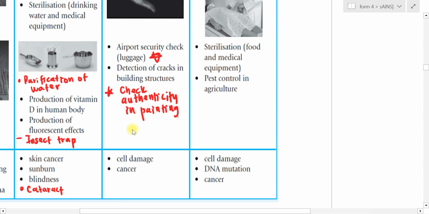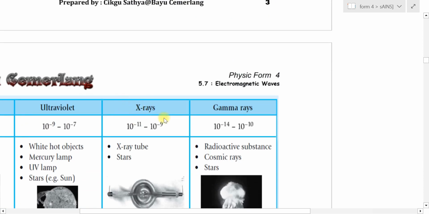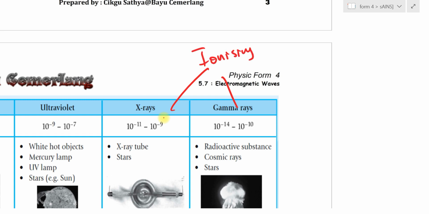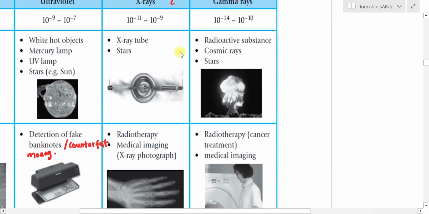Kita guna X-ray juga. Okay, X-ray obviously cancer cell damage because it is a ionizing radiation. Yang ni adalah ionizing radiation. Seterusnya gamma ray daripada radioactive substance, cosmic rays.